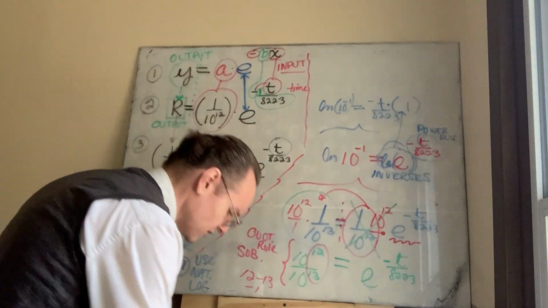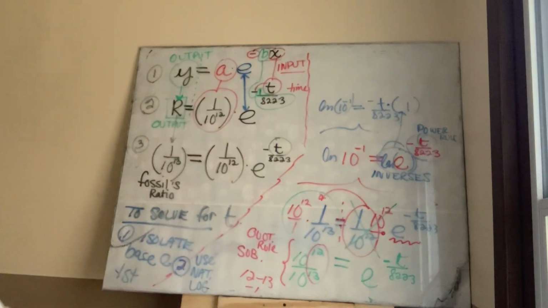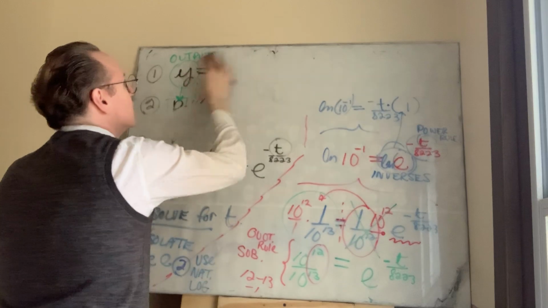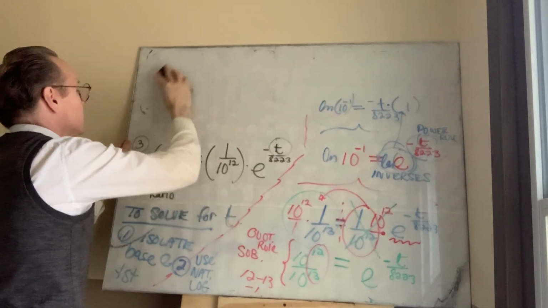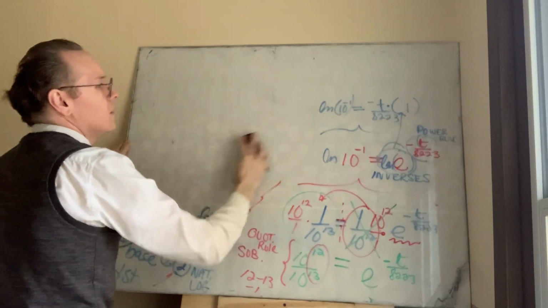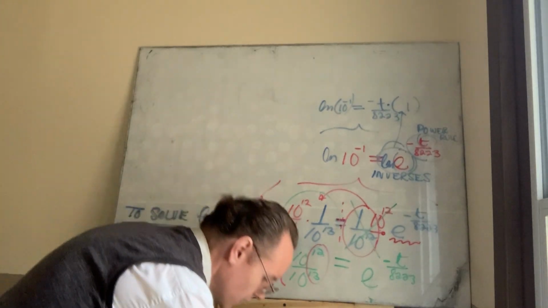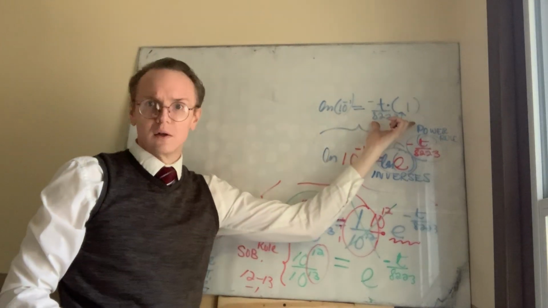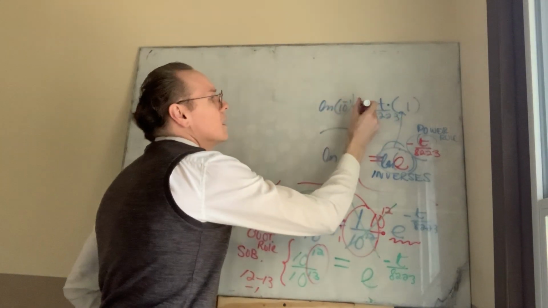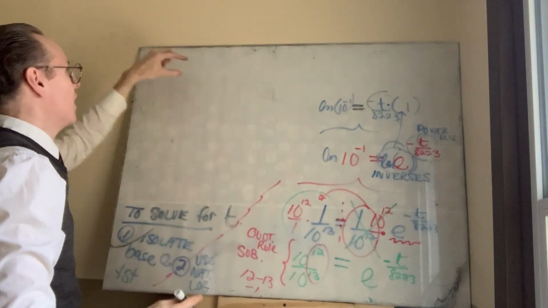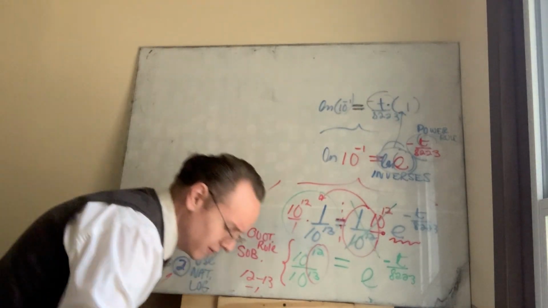I'm running out of space, so what I'm going to do is erase a little bit over here and continue with my work. I have this preference personally, it doesn't really matter, where I like to have the variable on the left side of equals.